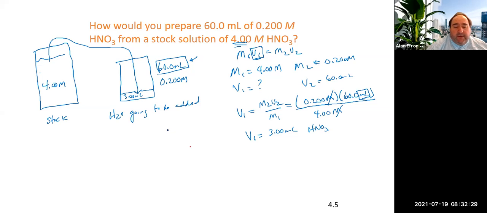So we want to make sure we get the proper amount of water. A very common question asked in dilution problems is how much water should you add? We can figure that out usually using our equation as well.